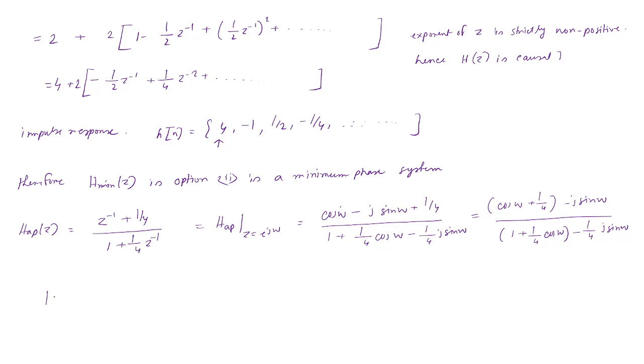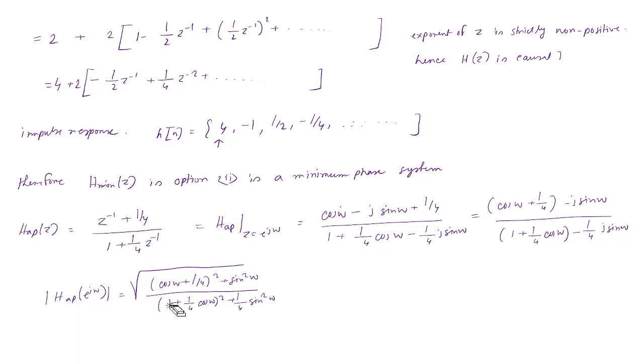Therefore we get the absolute value of H_AP e to the power j omega as square root of cos omega plus 1 by 4 whole square plus sin square omega, divided by 1 plus 1 by 4 cos omega whole square plus 1 by 16 sin square omega.